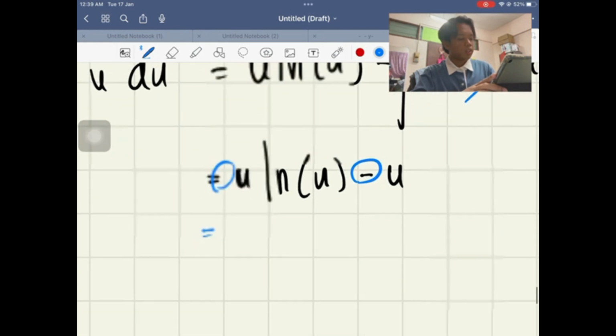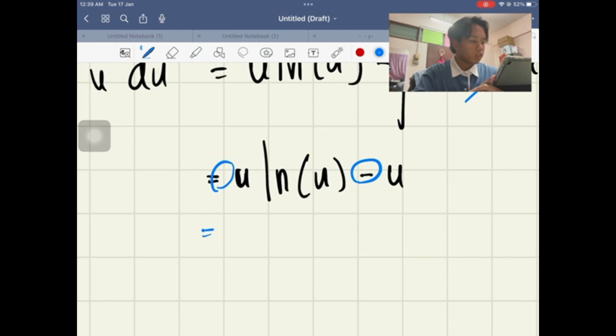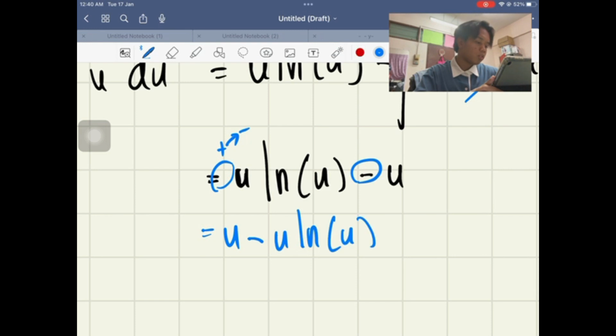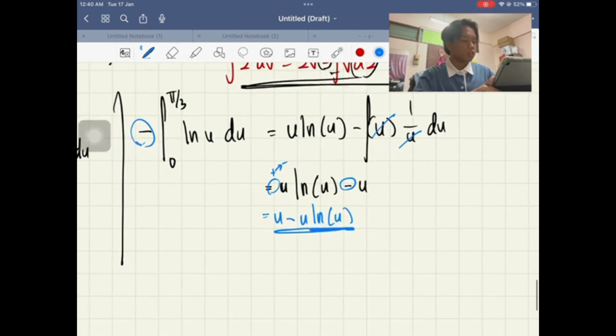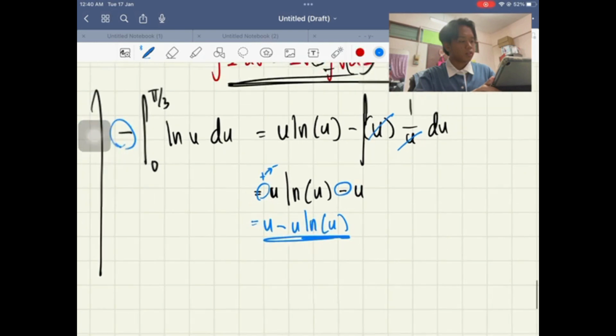So this will be, I will put this u at the front, u, then minus, because this is positive, becomes minus, then u ln u. So this is the next step.